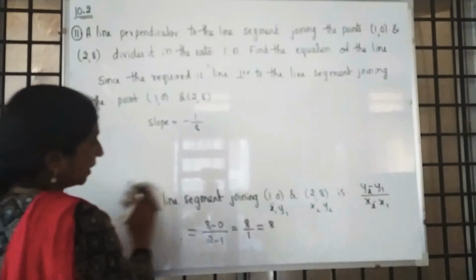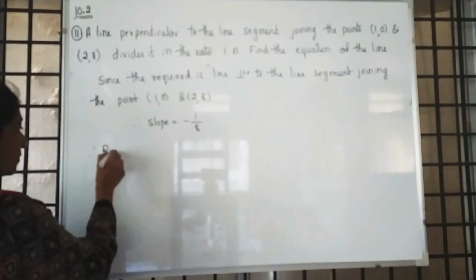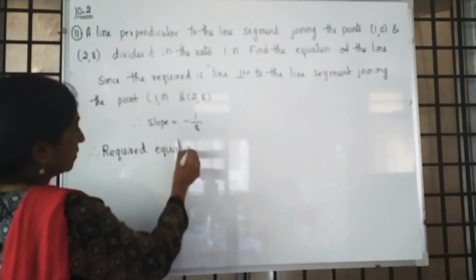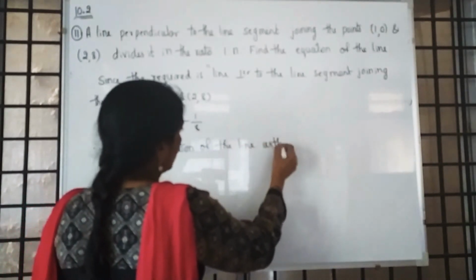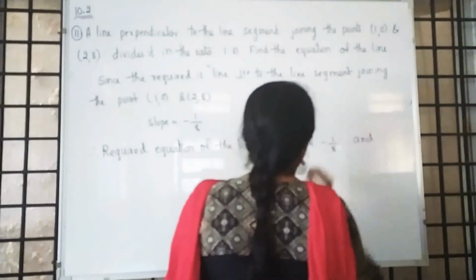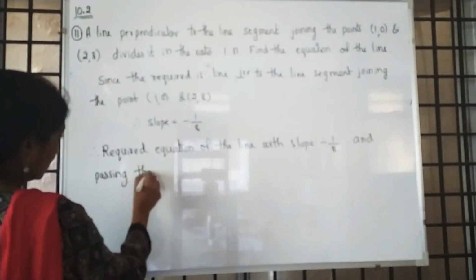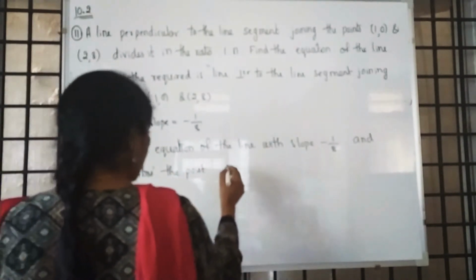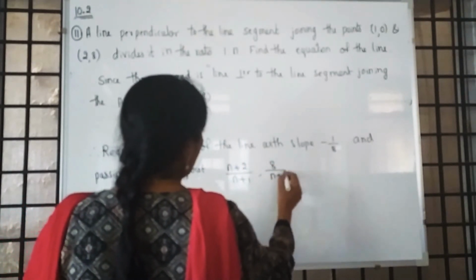Therefore, the required equation of the line with the slope minus 1 by 8 and passing through the point (n plus 2) upon (n plus 1), comma 8 upon (n plus 1).